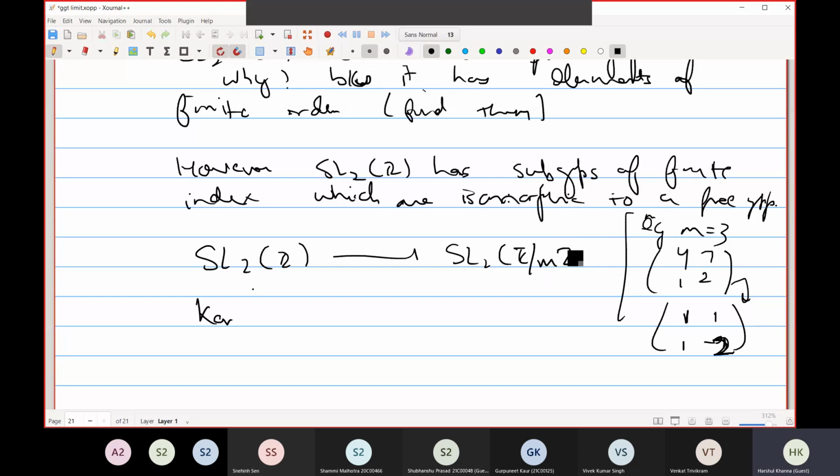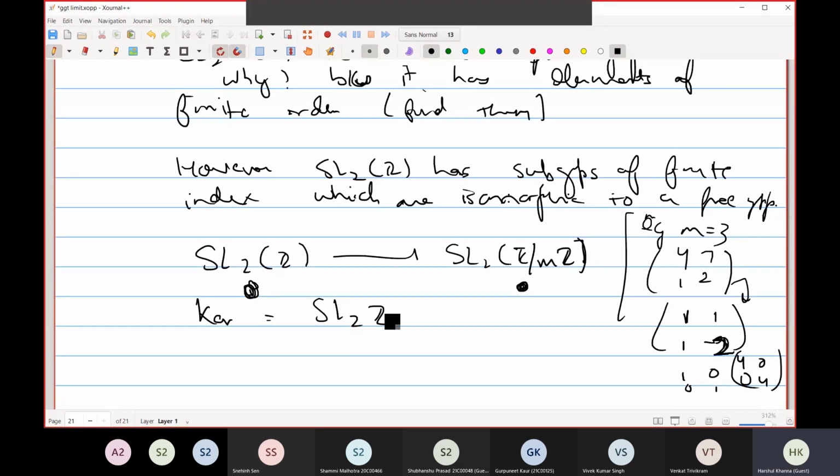The kernel means the 2 cross 2 matrices with determinant 1 which go to the identity element, 1 0 0 1. For example, 4 0 0 4 will be in the kernel because taking mod 3, it goes to 1 0 0 1. So I denote the kernel by Γ(M).